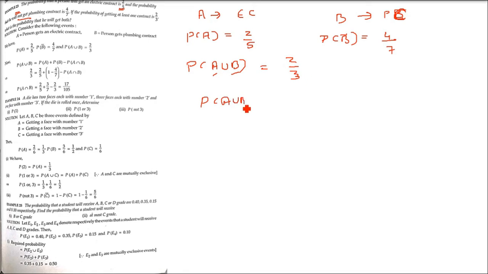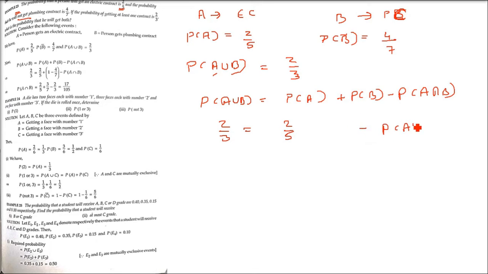Let us apply the formula. P(A union B) is equal to P(A) plus P(B) minus P(A intersection B). This is not a theorem actually, it's a formula. P(A union B) is 2 by 3, P(A) is 2 by 5, and P(B not) is given, but here we need P(B). So P(B) is to be found from P(B not).